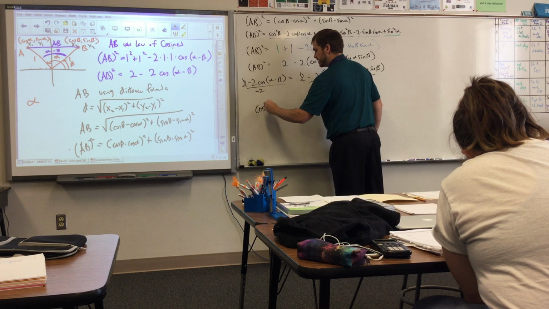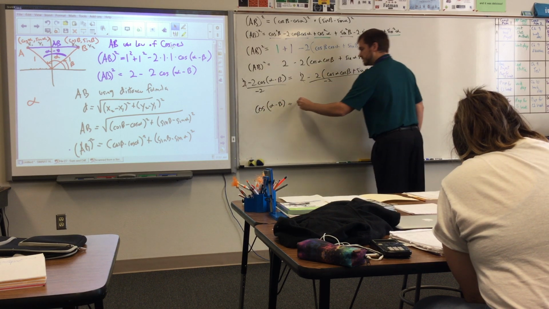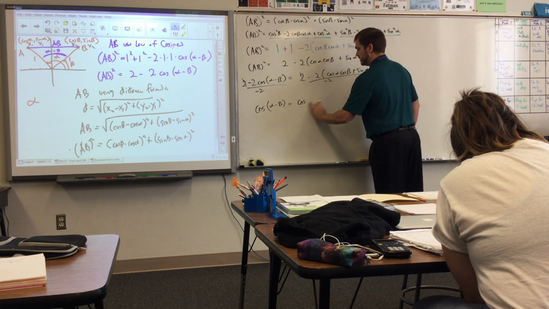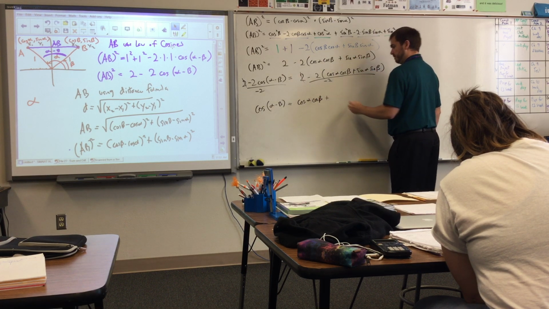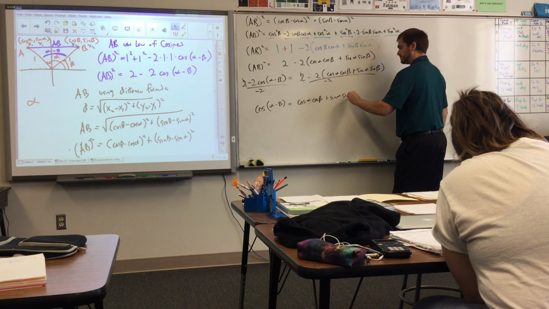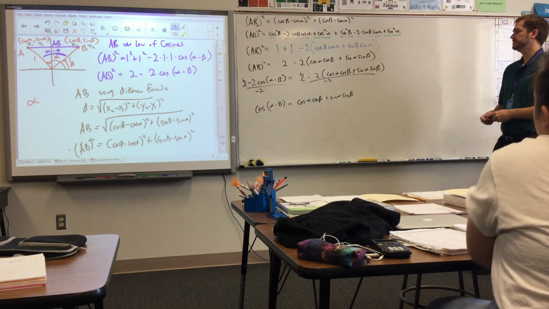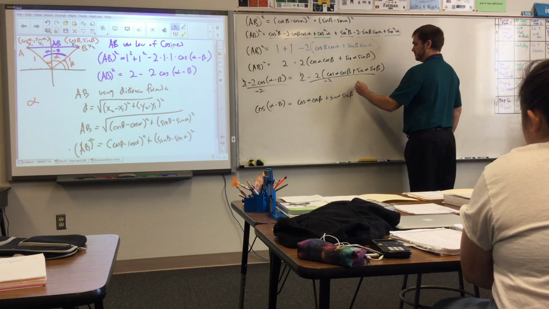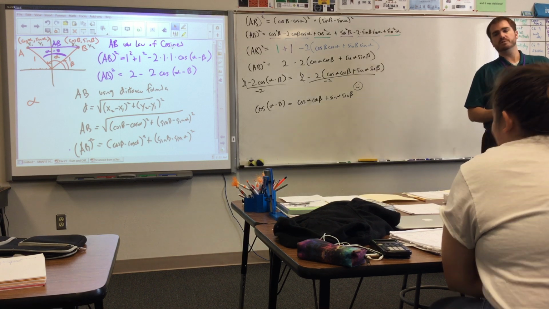So now I have cosine of alpha minus beta equals cosine alpha times cosine beta plus sine alpha sine beta. And that's great, that's a good formula. That is the difference formula for cosine.